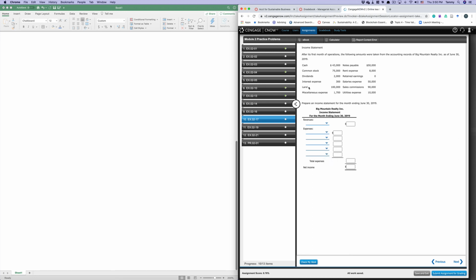If you see account names that are asset or liability accounts, for instance, land is an asset account, that doesn't go in your income statement. Okay. Retained earnings doesn't go in your income statement. That's a balance sheet account. Stock does not go in your income statement. Okay, so that's what this problem is about, just learning to recognize what goes into an income statement.